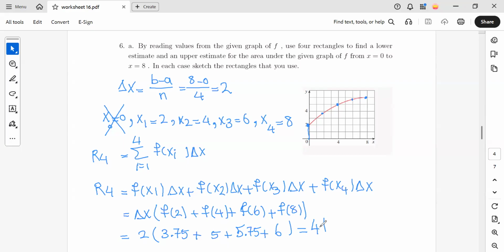And by comparing R sub 4 and L sub 4, which are the upper estimate and lower estimate, we have added just f of 8 times 2, because delta x is multiplied to that, and subtracted f of 0 times 2 for the first one.